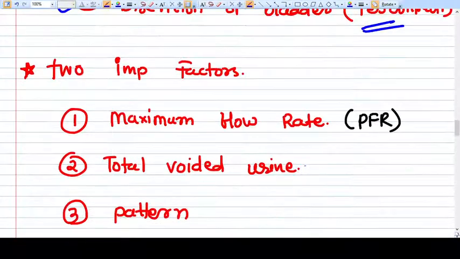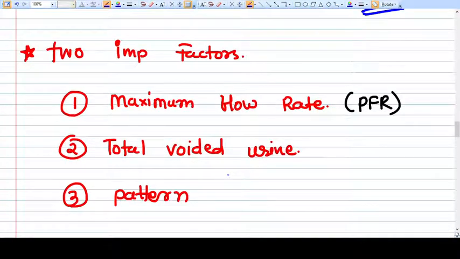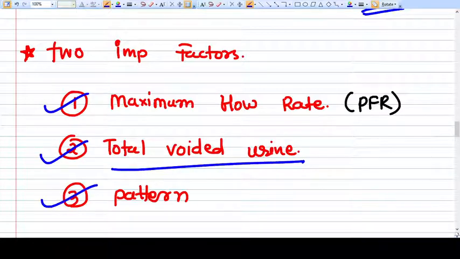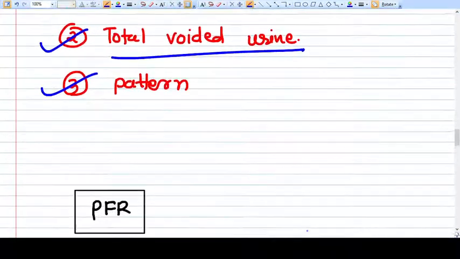Now the important things we can identify from the graph are, first, the maximum flow rate; second, the total voided urine; and the third one is the pattern of how the urine flow increases and decreases.